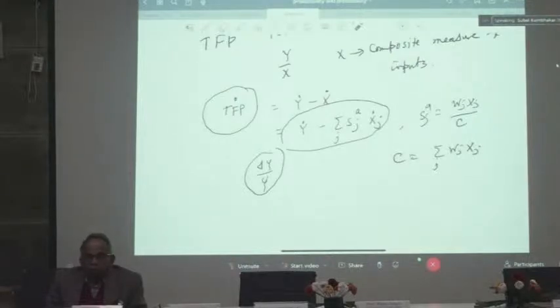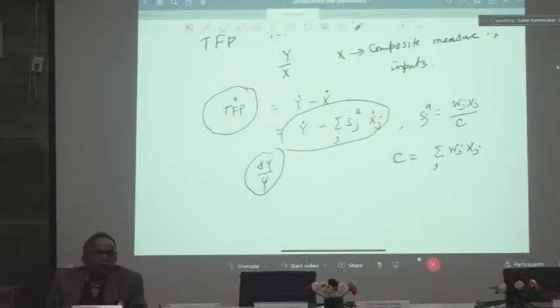Okay. Well, that might be good for many, when your objective is to look at simply what is happening to TFP over time for a particular firm or a particular industry or a particular state. Remember, we're talking about different states in a country or different countries of the world.